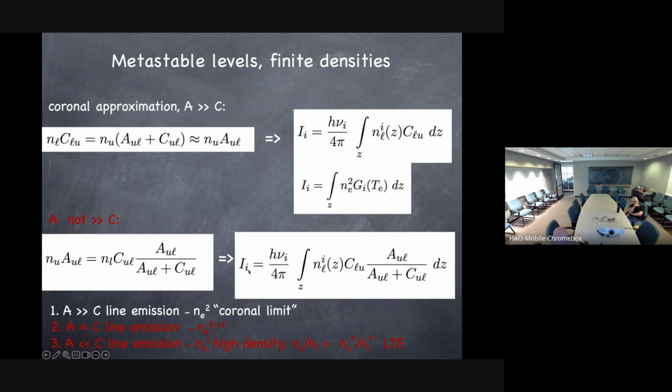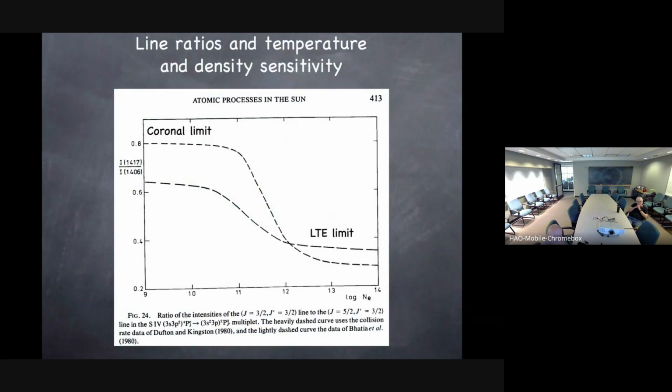But it's interesting, the coronal limit is N_e squared. And if we go to high energies here, this then dominates this one. And so one term of the electrons drops out, and it varies as the electron density. So you've got a potential of measuring a density in the corona if you want, and this is just an example.